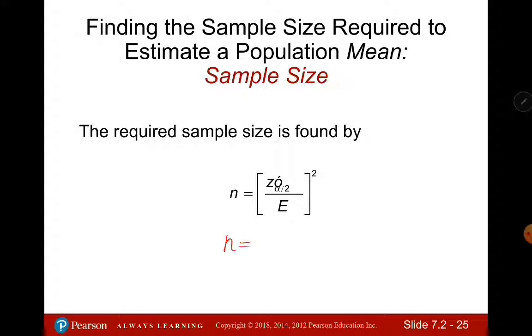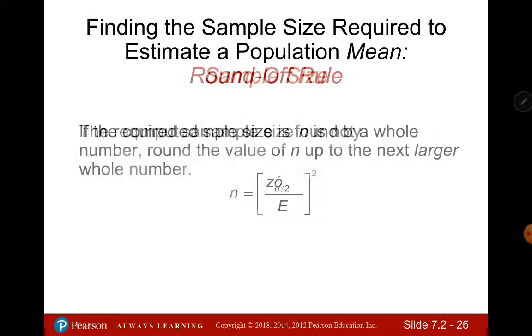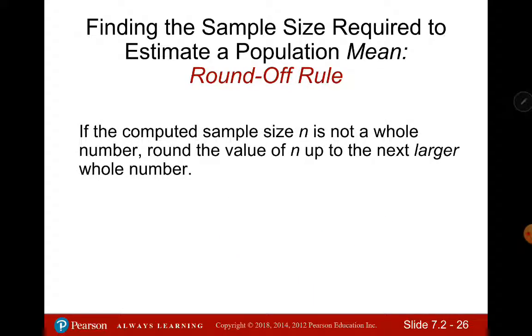So I will rewrite it: Z sub half alpha. For the sample size again, we always use Z, no matter sigma is known or sigma unknown. So if n is not a whole number, always round up to the next larger number.